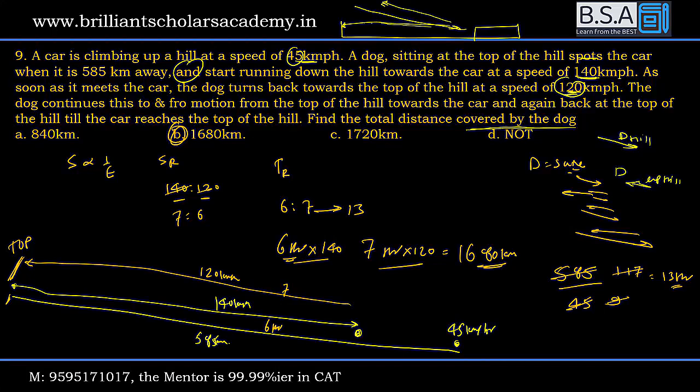We can approach this in one more effective manner. Please observe. We know that the dog has to climb down at a speed of 140 and climb up at a speed of 120, and the distance is the same.